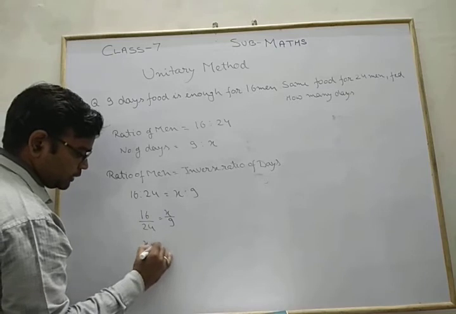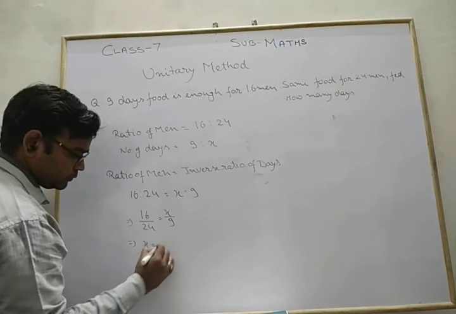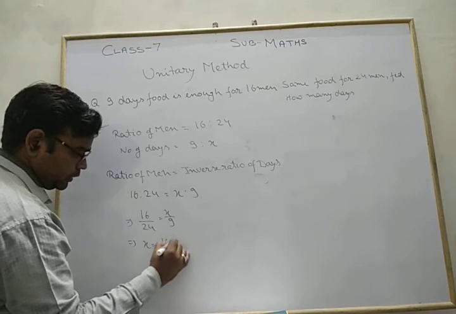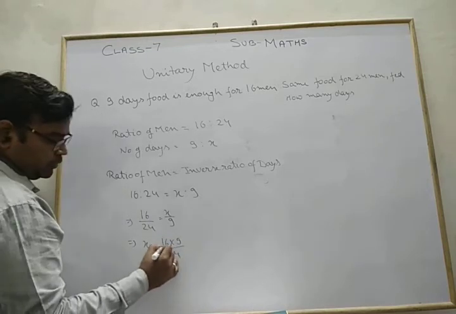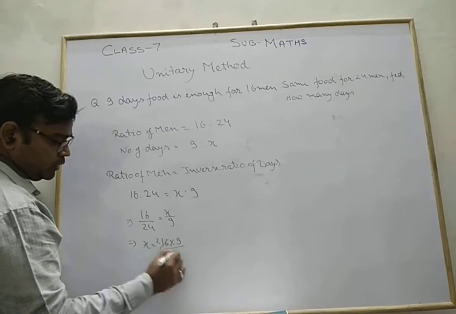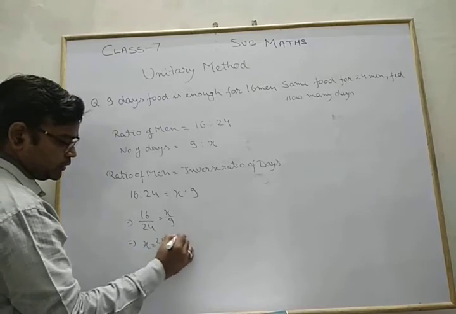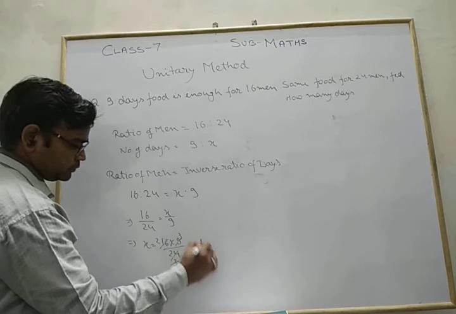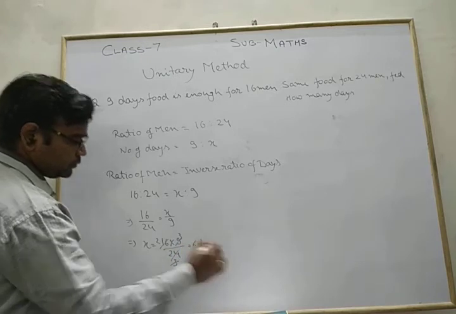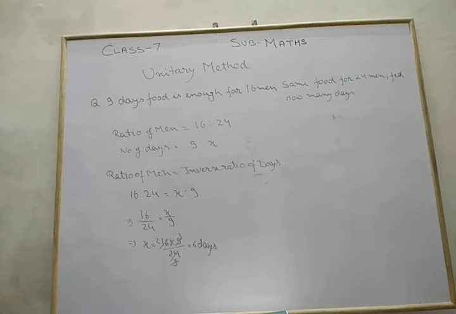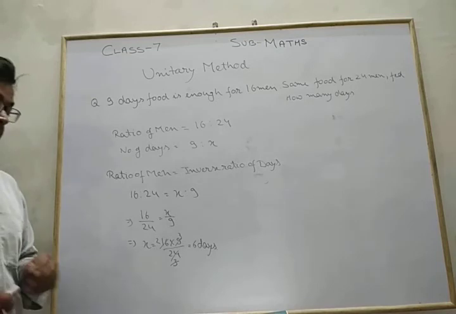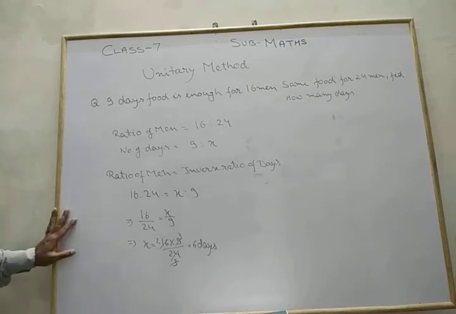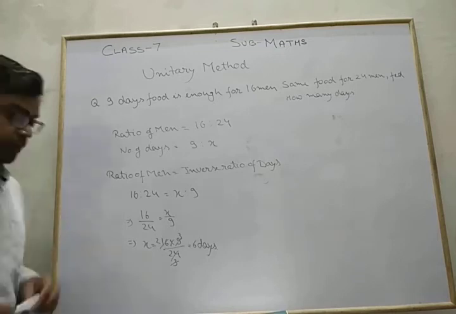When we solve, x equals 16 into 9 whole by 24. 8 twos are 16, 8 threes are 24, so it's 6 days. So I hope you understand what inverse variation is. Direct variation is the easiest one, but inverse variation is a little bit tricky. That's why I discussed this question. You must note down this question in your notebook.